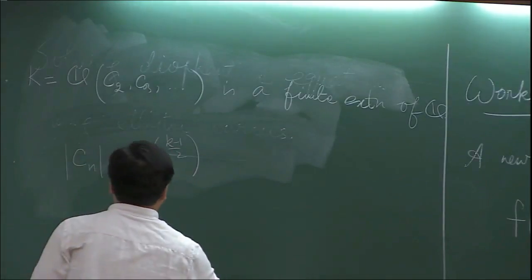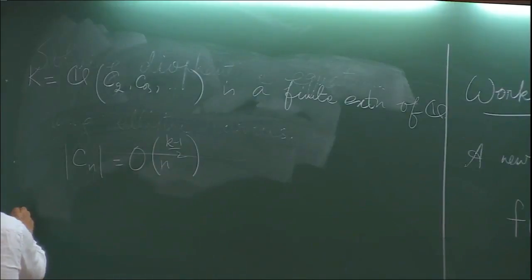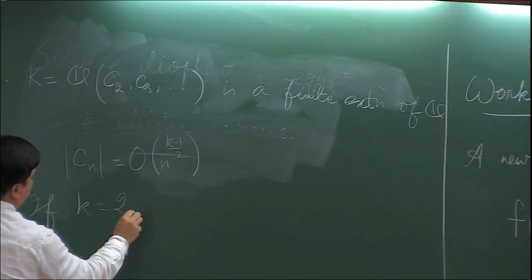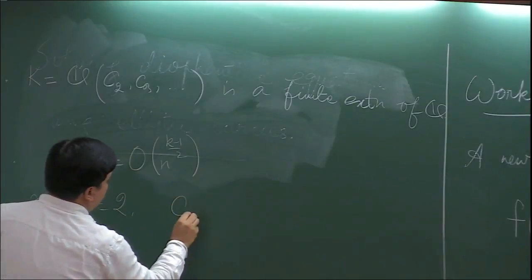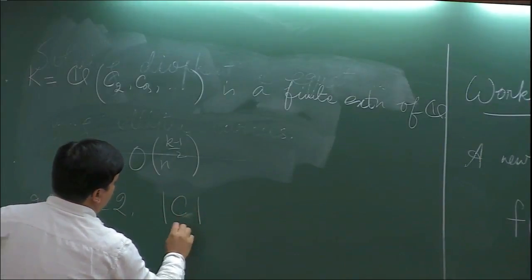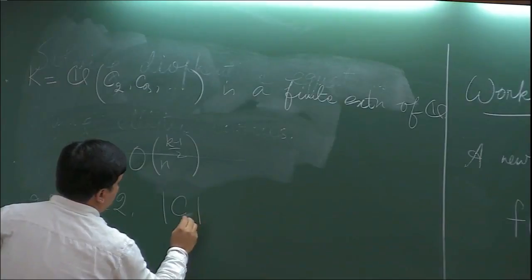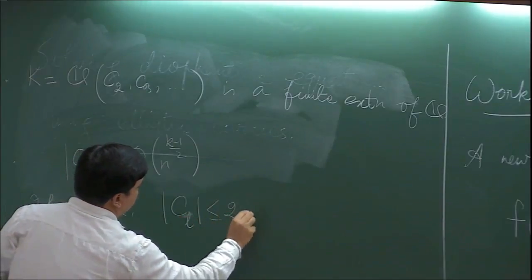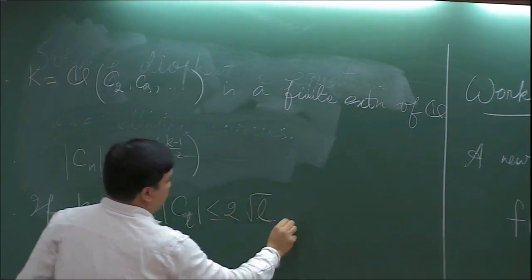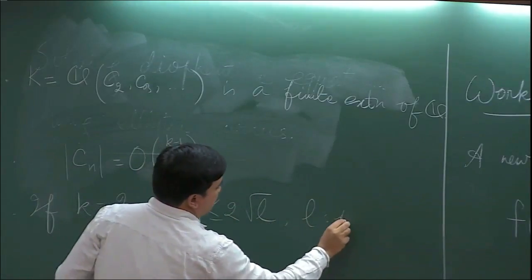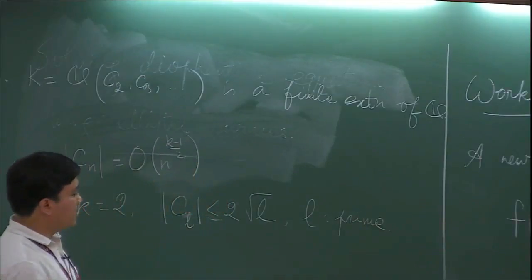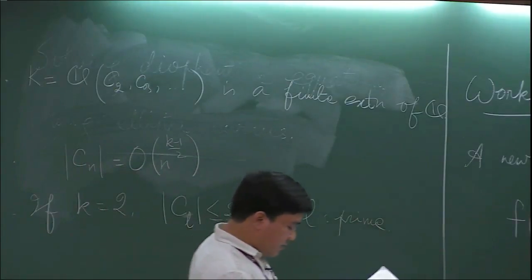And if k equals 2, then Cn, or C_l let's say, is less than or equal to 2 times the square root of l. Okay, so this is known. This is called the Hasse bound for the Fourier coefficients.